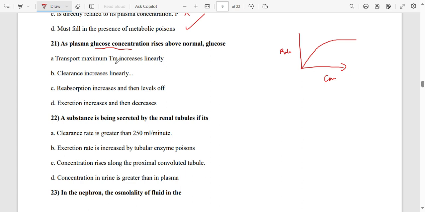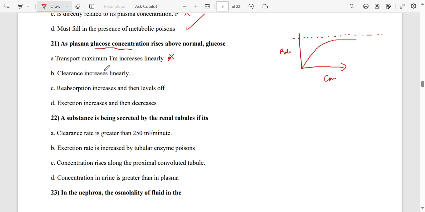So transport maximum does increase linearly at first, but there's going to be a point when it can no longer. Transport maximum is the maximum point, where the concentration can no longer affect the rate. So it does not even increase linearly there, unless we said rate, not transport maximum.